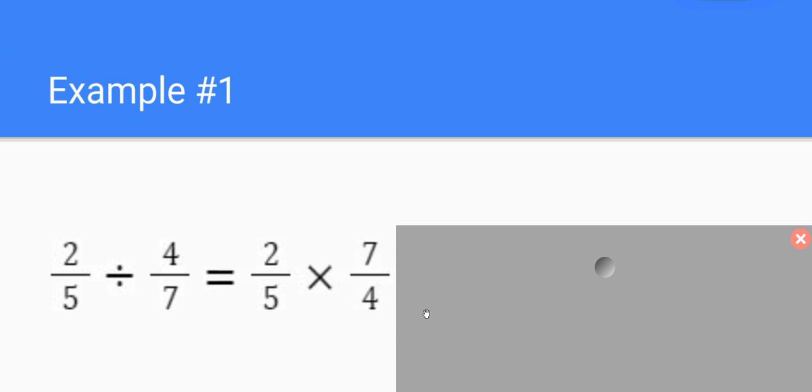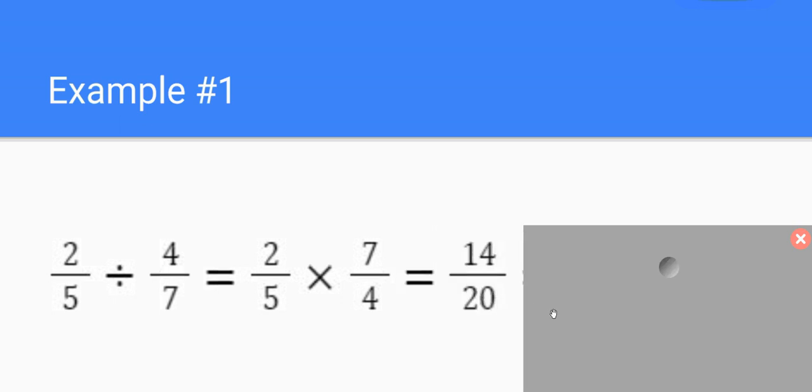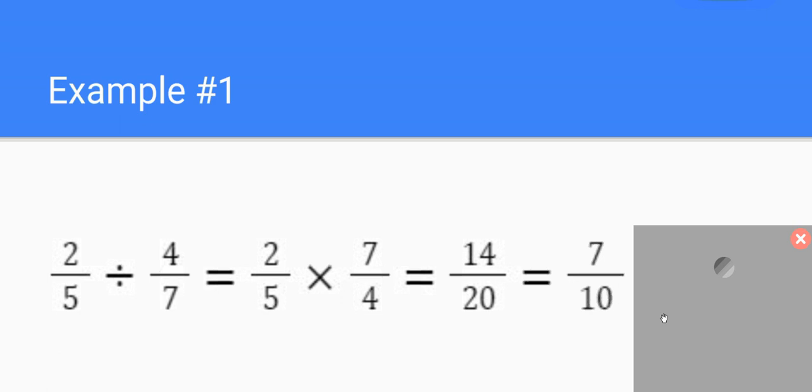Then we multiply like we normally do. And we would get 14/20, which divides nicely down to 7/10. Now, if you got it down to 14/20, that's fine. That's great. We'll work on reducing later. But keep, change, flip.